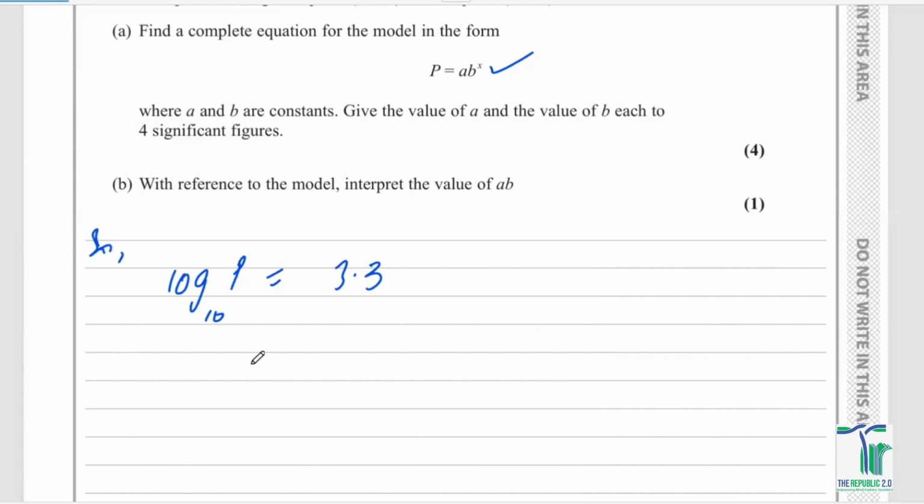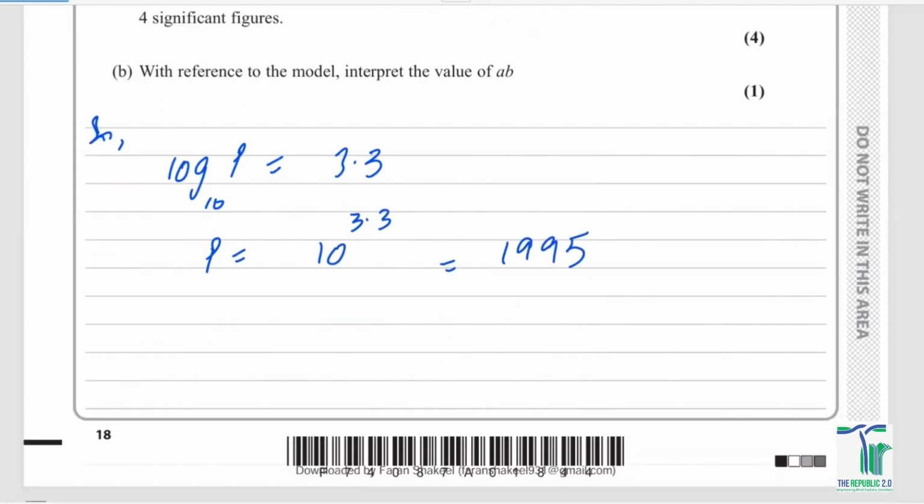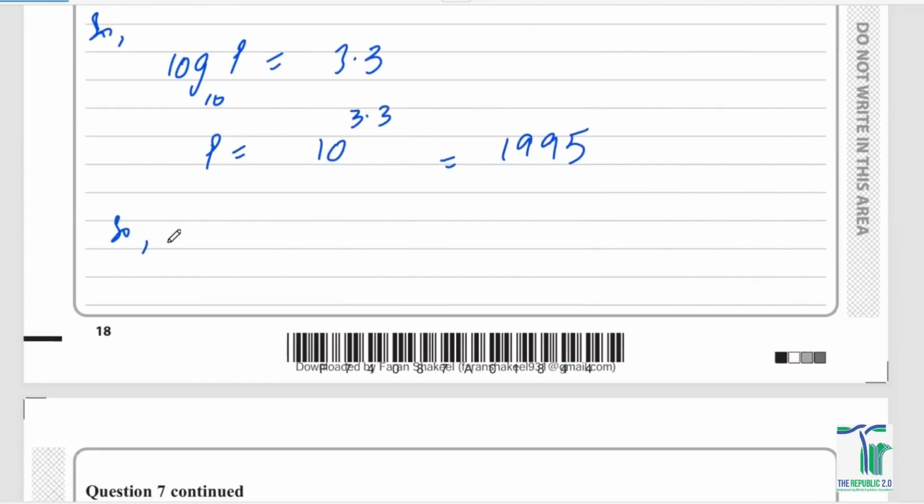After that, I'm just going to work out the value of p, and p should be 10 raised to the power of 3.3. And everybody knows that 10 raised to the power of 3.3 has to be 1995.